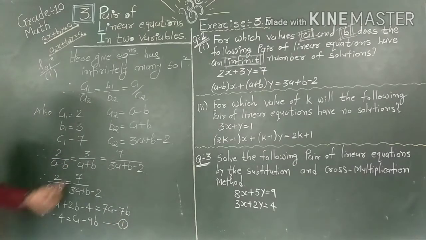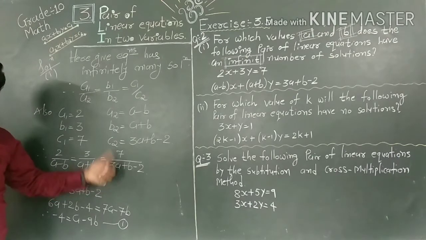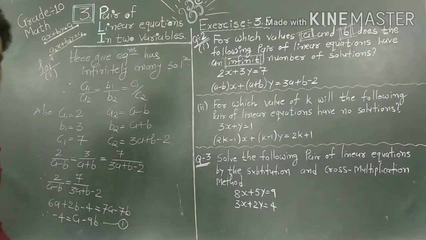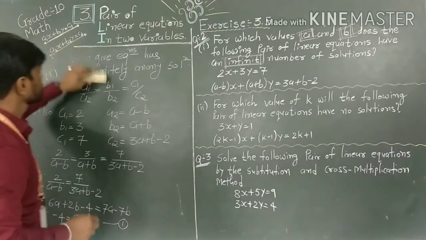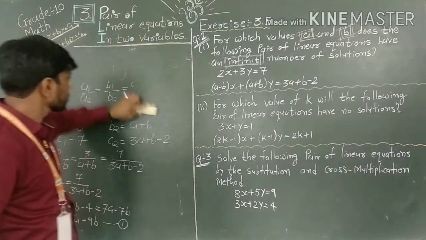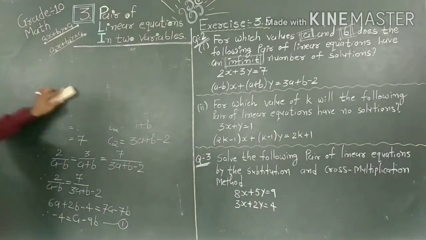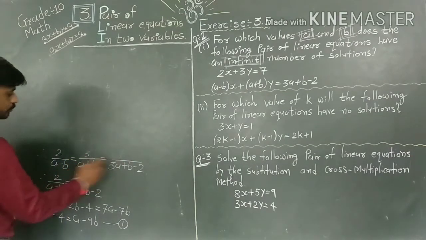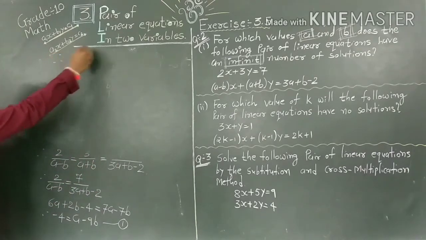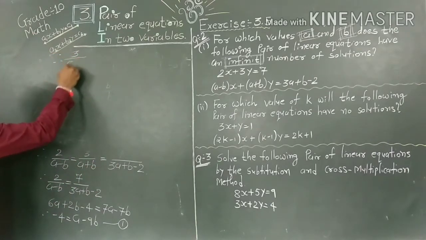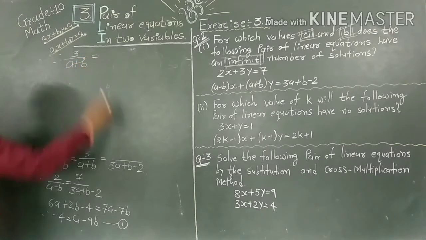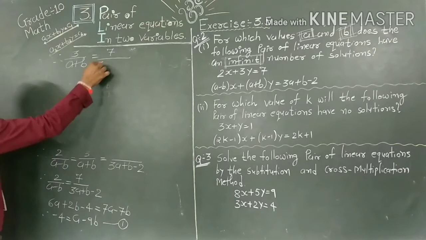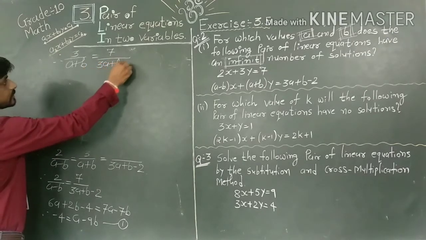Now compare the other two ratios to get equation number 2. This time 3 upon a plus b is equal to 7 upon 3a plus b minus 2.